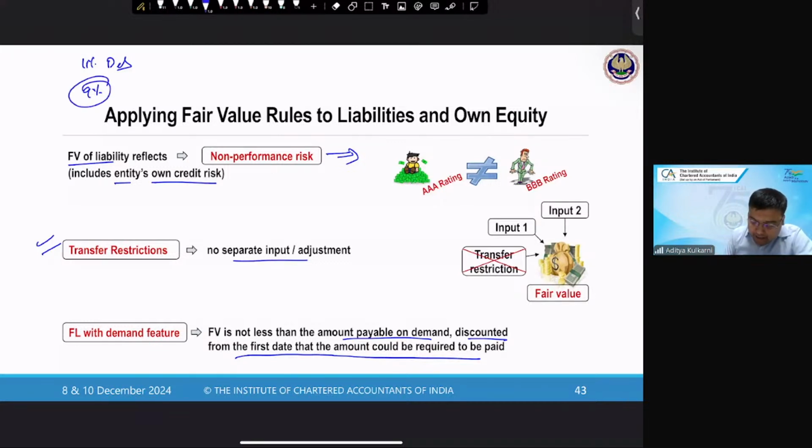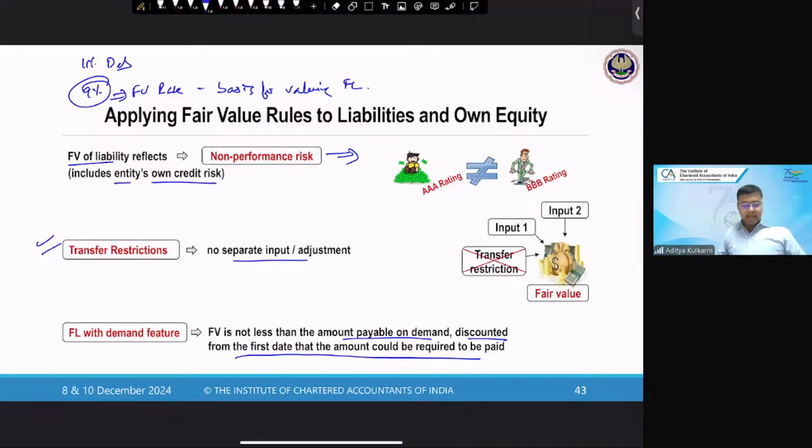And therefore 9% becomes my fair value rate, which becomes the basis for valuing financial liabilities. Did you understand? Yes, it will be different from the face value, no doubt about it. But this is how you are going to ascertain the fair value.